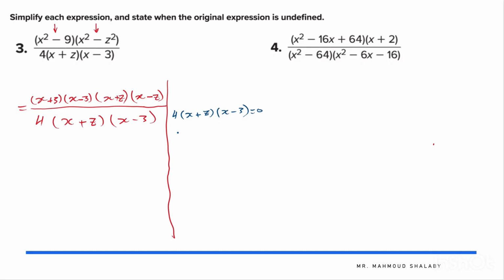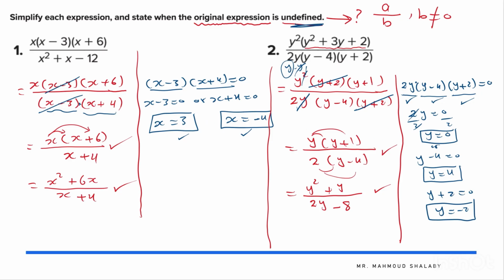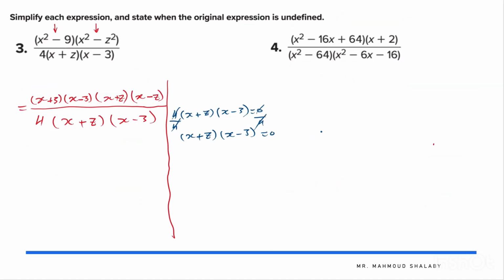If I have a number like 4 here, I can just divide by 4 on both sides, as long as I don't have x outside, which will not affect anything here. It will be x plus z times x minus 3 equals 0. But remember, don't do this if I have a variable like y. If I divide by y, I will lose it. So if it's a number, I can just remove it by dividing by 4 on both sides. 0 divided by 4 is 0.